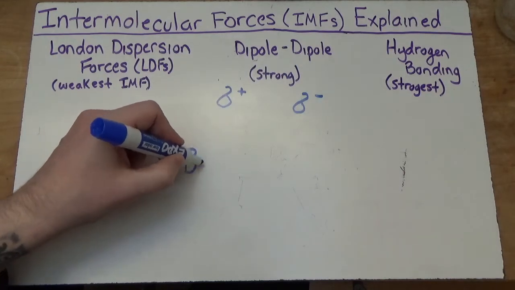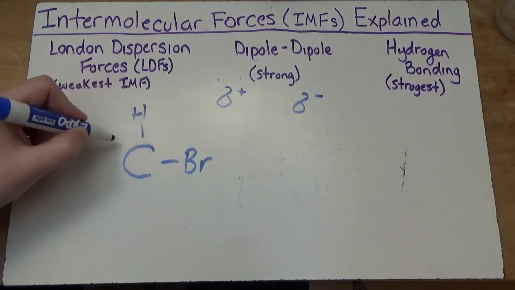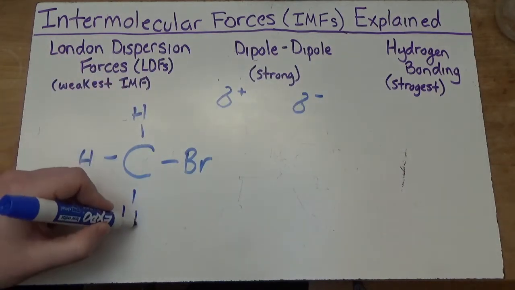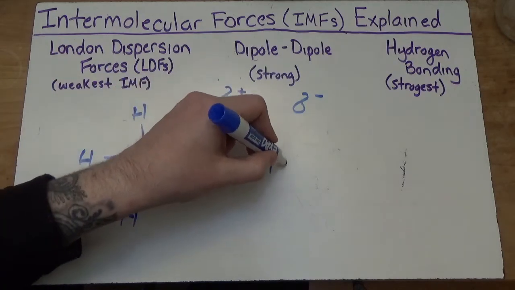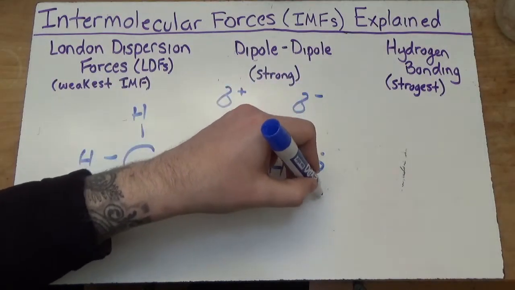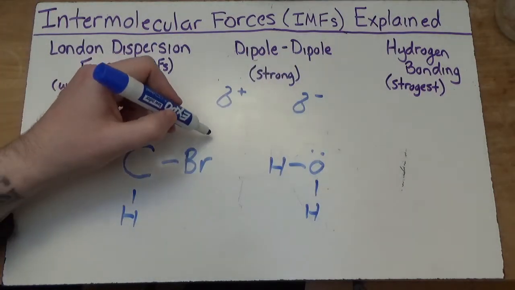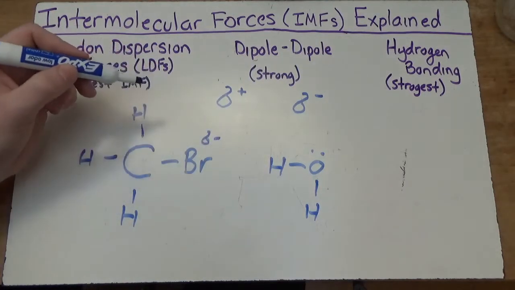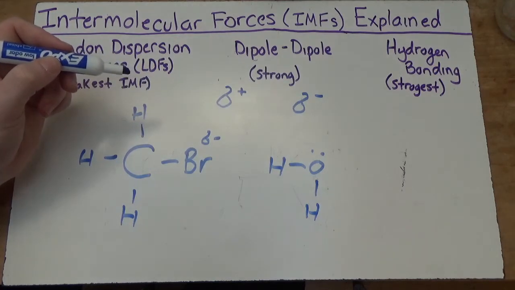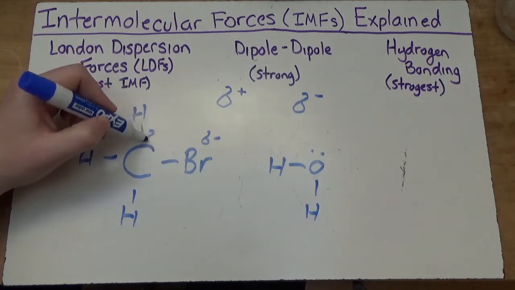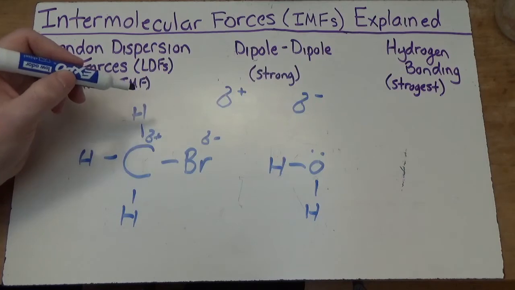For example, if I have this molecule and water, well, bromine is going to be partially negative here because it's a highly electronegative element. Carbon is going to be partially positive.